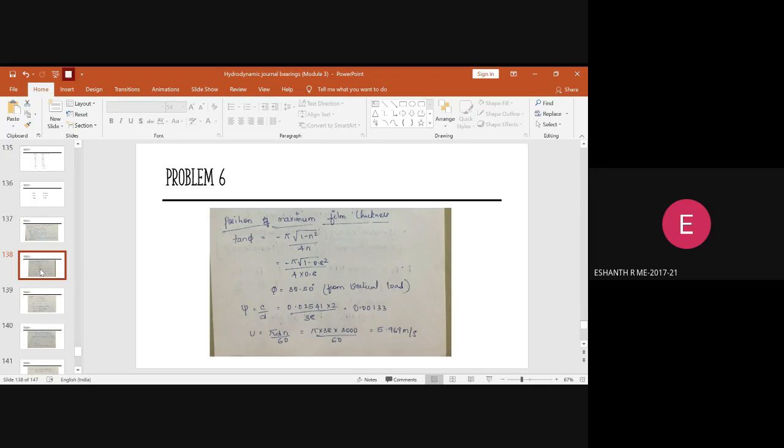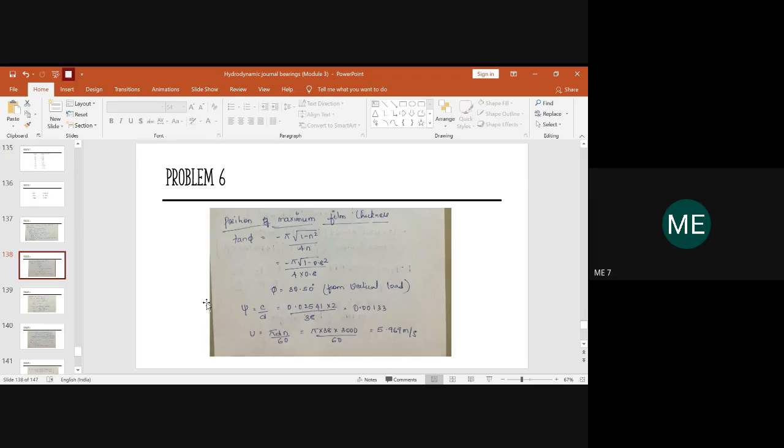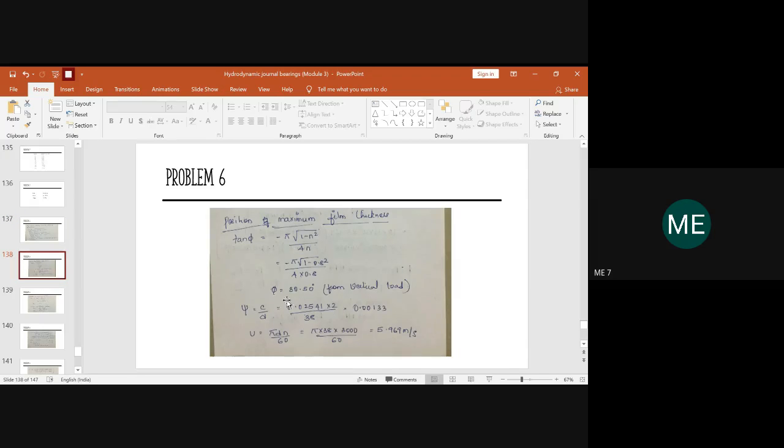Ma'am, why should it be multiplied by 2? See here, it has been given as a radial clearance. It is not the diametrical clearance. But we are using the formula for the diametrical clearance value. Always, the radial clearance is what has been given. So if you multiply that by 2, that will give us the diametrical clearance value.